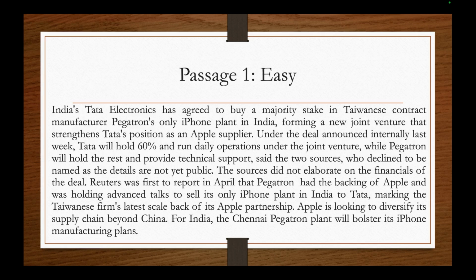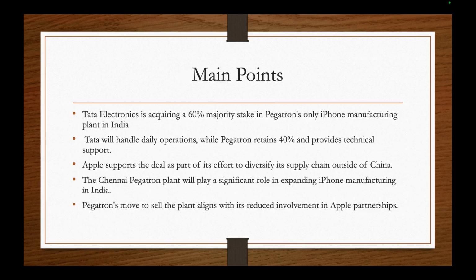So here, this particular passage, as one can easily figure out, talks about the Pegatron and Tata deal. Now, the main points are: Tata Electronics is acquiring a 60% majority stake in Pegatron's only iPhone manufacturing plant in India.